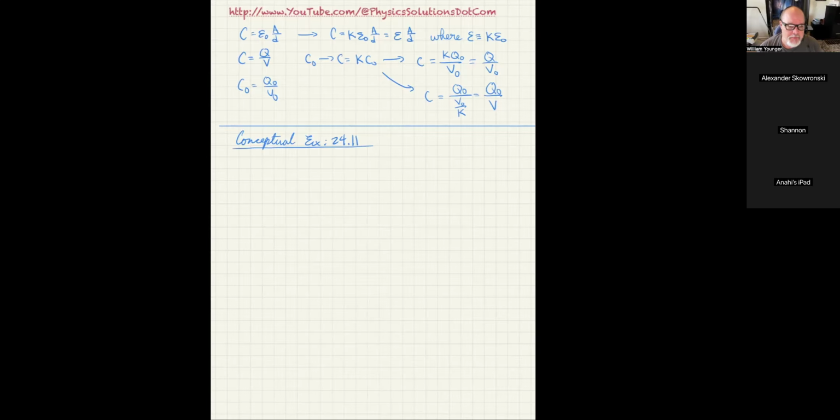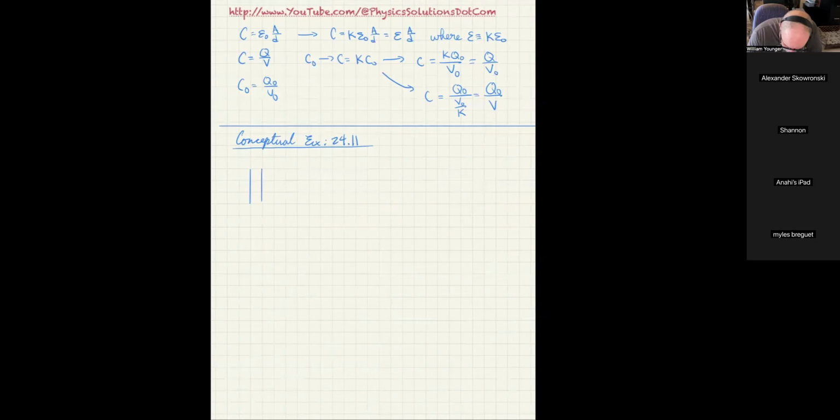So with this example, what we have is a capacitor that basically has a set area, A0, and a set distance of separation, D0.